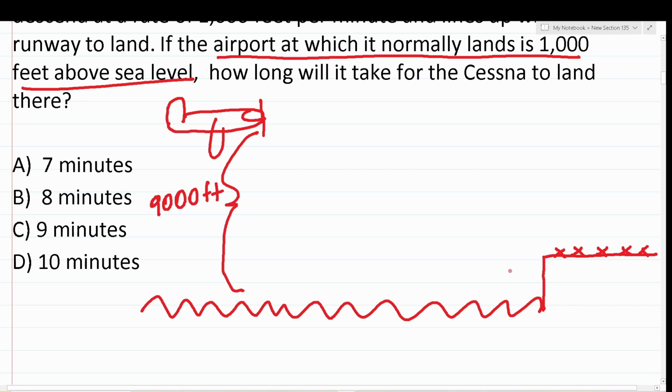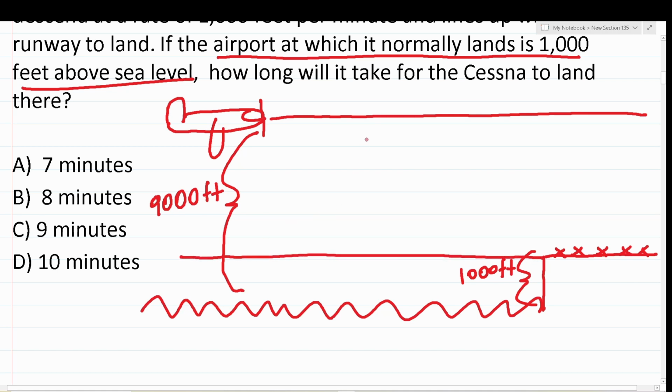Well, according to the problem, this airport is 1,000 feet above sea level. So the first thing you have to figure out is how much distance this plane has to descend in order to land at a runway that is 1,000 feet above sea level. So one way you could do that is like this. You could extend this out and you could extend this out. In other words, you have to figure out what this vertical distance is right here.